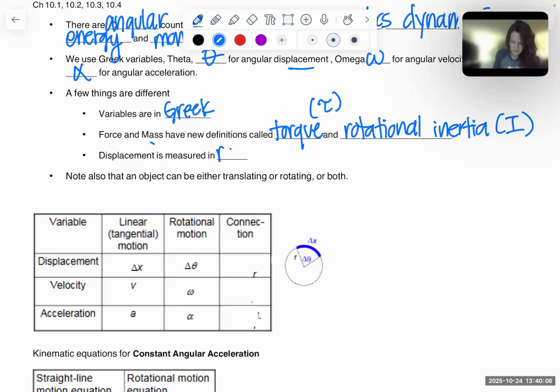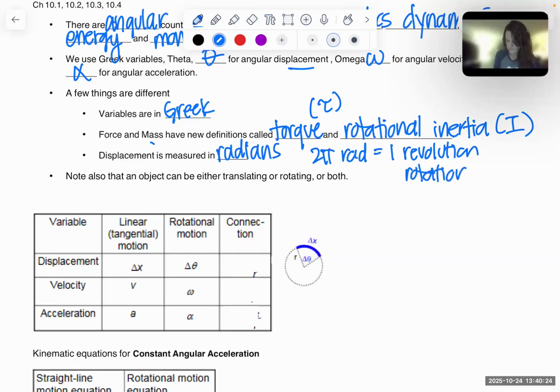Displacement is measured in radians. And as you hopefully know, 2 pi radians is equal to 1 revolution or 1 rotation. So make sure that whenever you're using any variables, you get it into radians first, and then you can change it later.